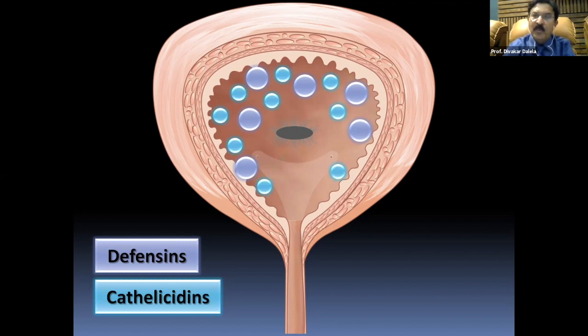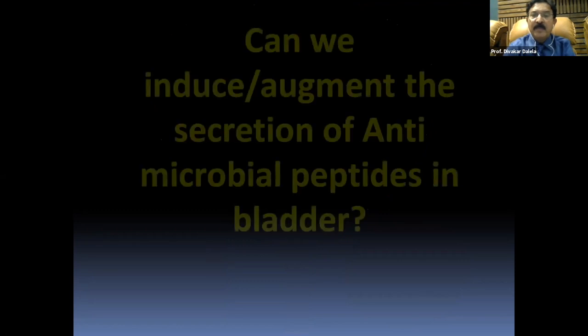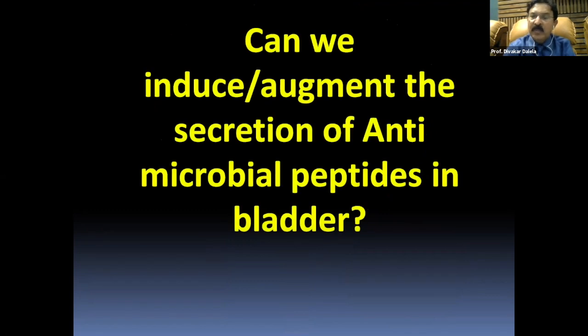This is another group of proteins secreted by this urinary bladder. And then these proteins go and surround this bacteria from all sides, launch a cationic attack on the bacteria. And then this bacteria loses the ability to attach to the lining of the urinary bladder and gets eliminated out through the urethra. So these proteins are called antimicrobial peptides.